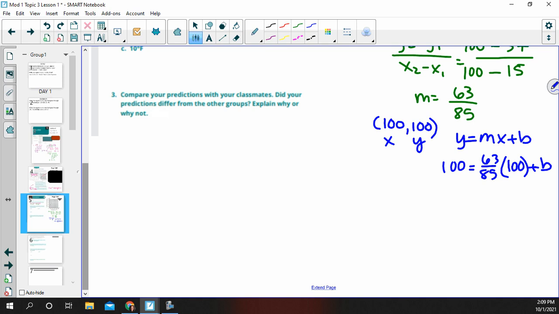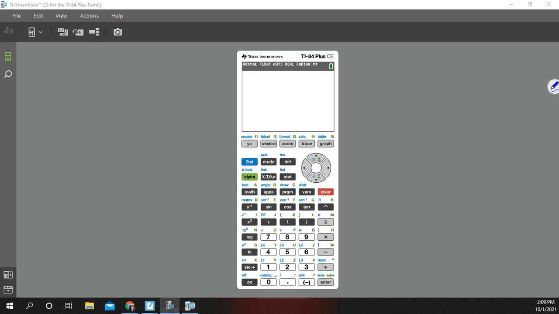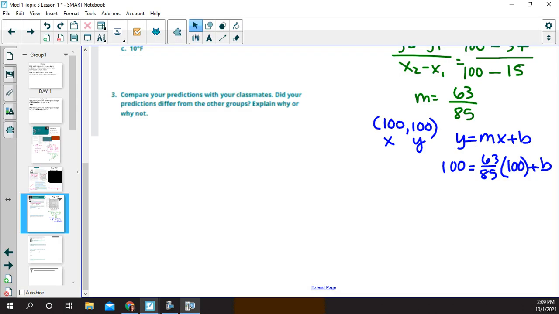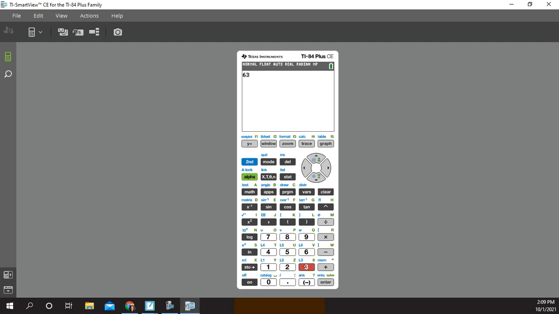Then I'm going to throw my graphing calculator up here so you guys can see how I type in that super ugly slope. So here's my calculator. I'm doing 63 divided by 85, and then I'm going to times it by 100. You could use the times sign.